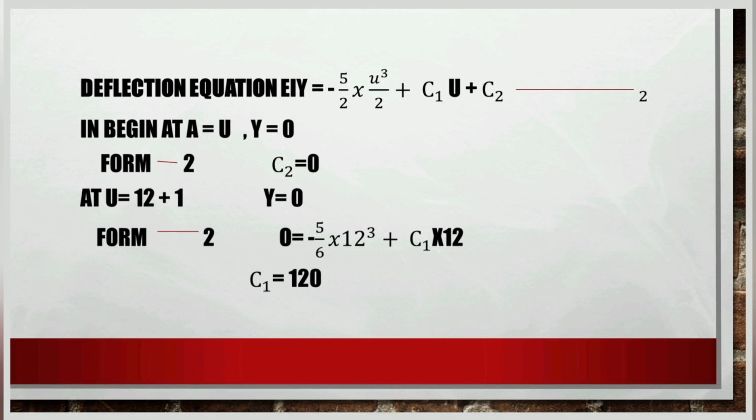At A, x equal 0, y equals 0 from 2. C2 is equal to 0. At x equals 12, y is equal to 0 from 2. 0 equal negative 5 over 6 times 12 cubed plus C1 times 12. We have our C1 is equal to 120.